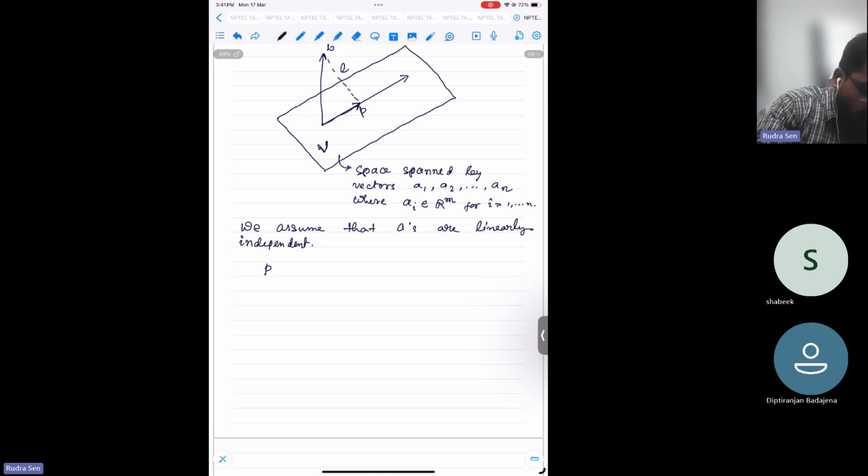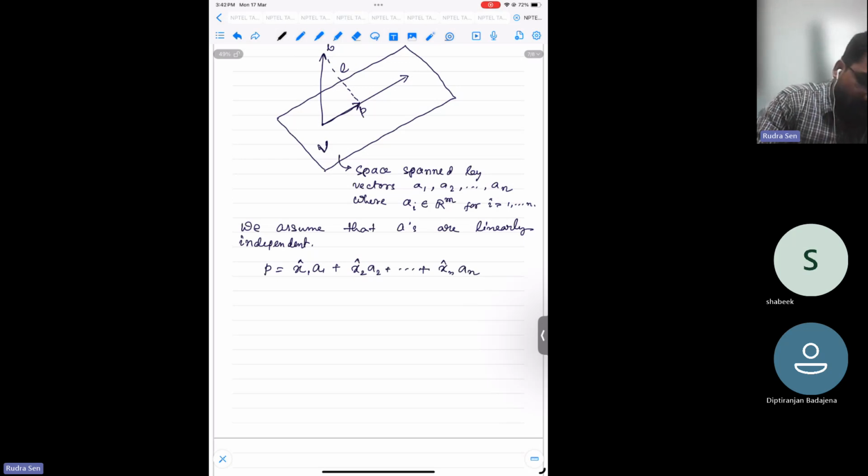Any vector lies on this space, and here we have said that all the a's are linearly independent. That means we can design this p by using these a's, as a linear combination. So let's say x1 a1 plus x2 a2 up to xn an.